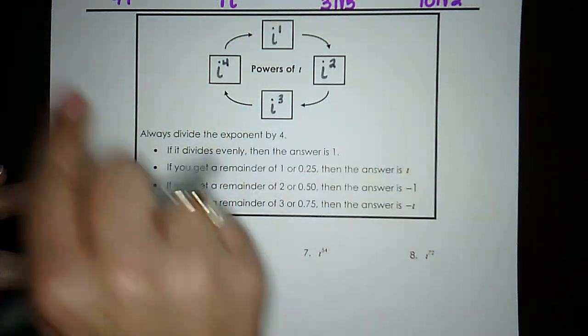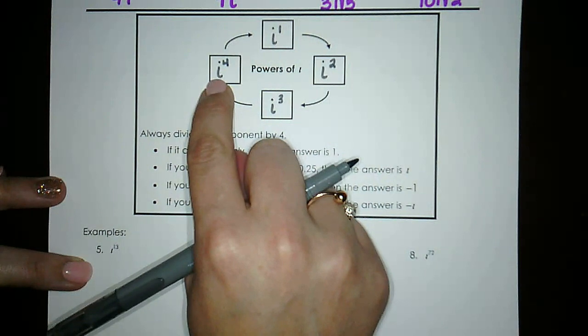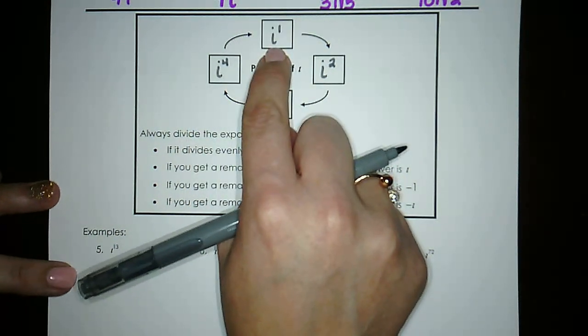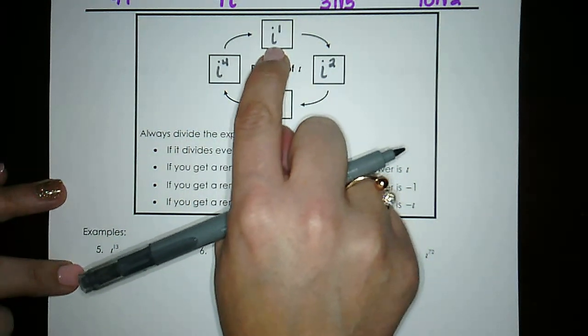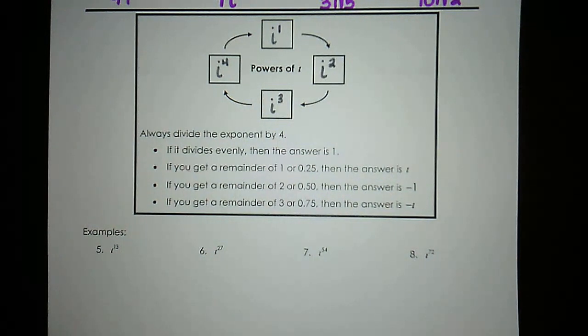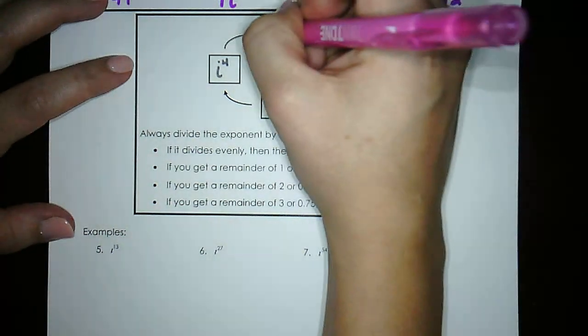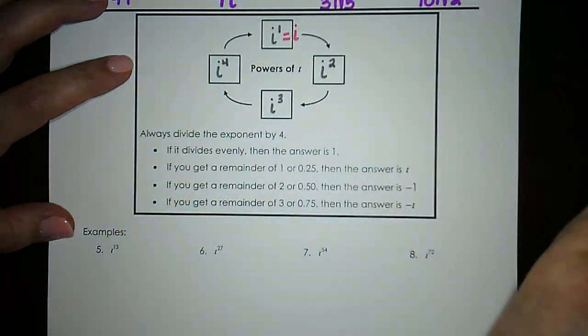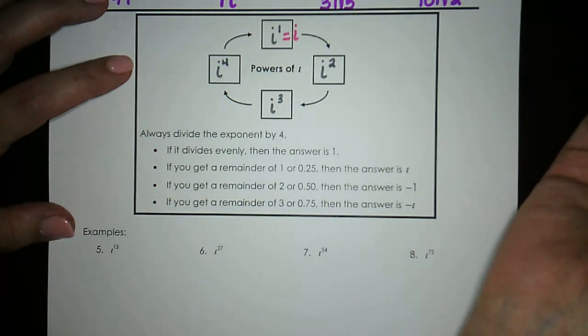And all this does is it keeps cycling down. So when I get to i to the fourth, i to the fifth will be the exact same as i to the first power. Talk about what that means. So i to the first power is i, because anything raised to the first power is itself.